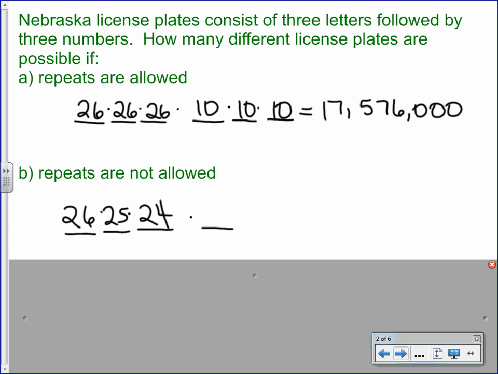And then our numbers, we have 10 numbers to choose from in our first spot. We've already used 1, so now we have 9, and we've already used 2, so now we have 8. So we multiply all of those choices.